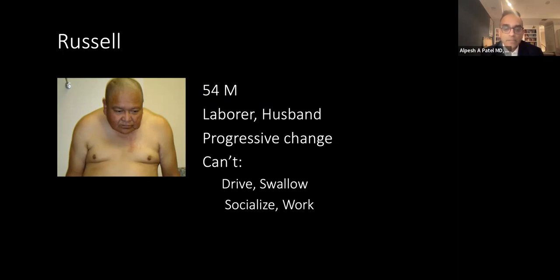He had a hard time keeping his head up, which led to a hard time driving. He had a hard time eating. He was not eating well, still drinking lots of milkshakes, and that ultimately led to trouble socializing and even trouble working, because for a heavy labor position, his head was not in an optimal place.